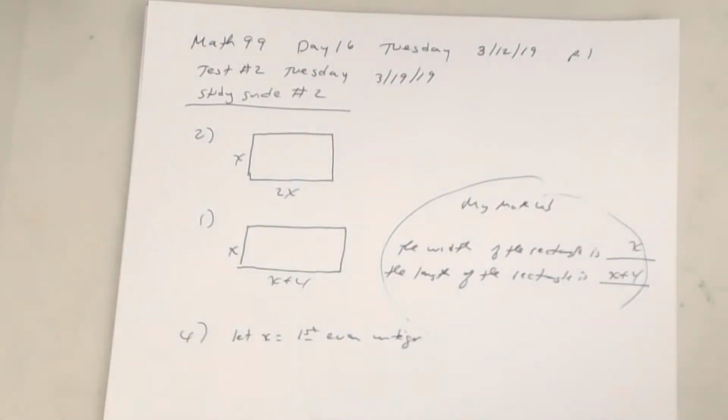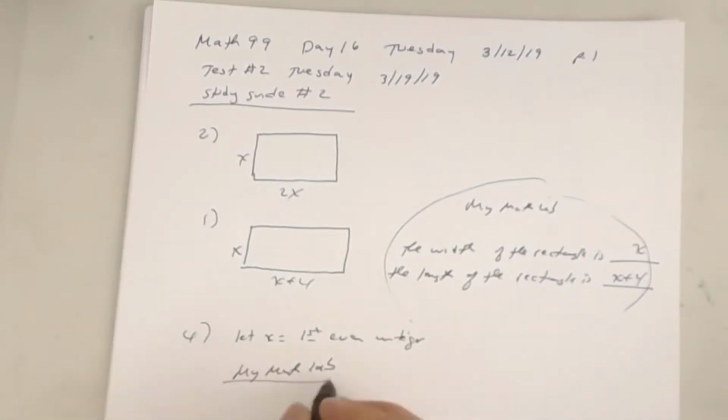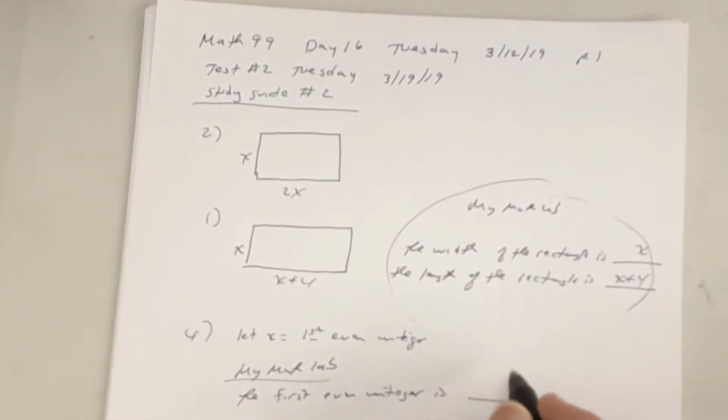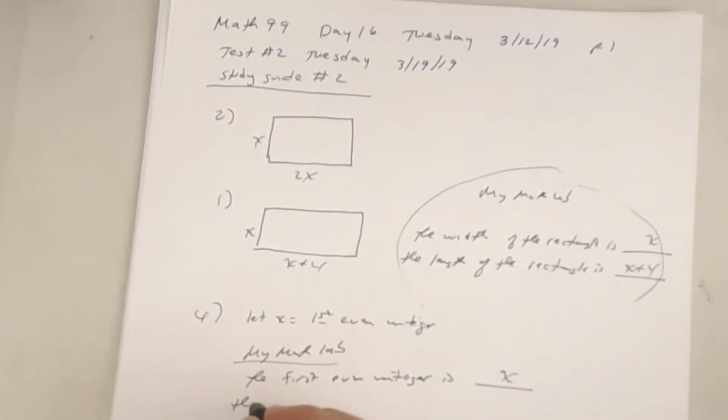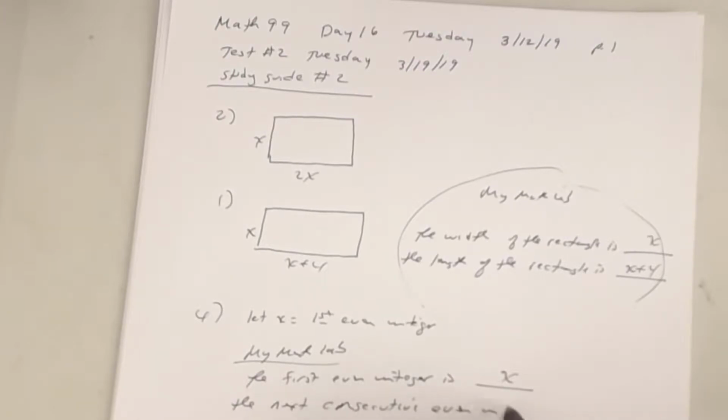Now my math lab is going to look like this. It's going to say the first even integer is blank. What are you going to say? X. Then it's going to say the next consecutive even integer is blank, and what are you going to say?